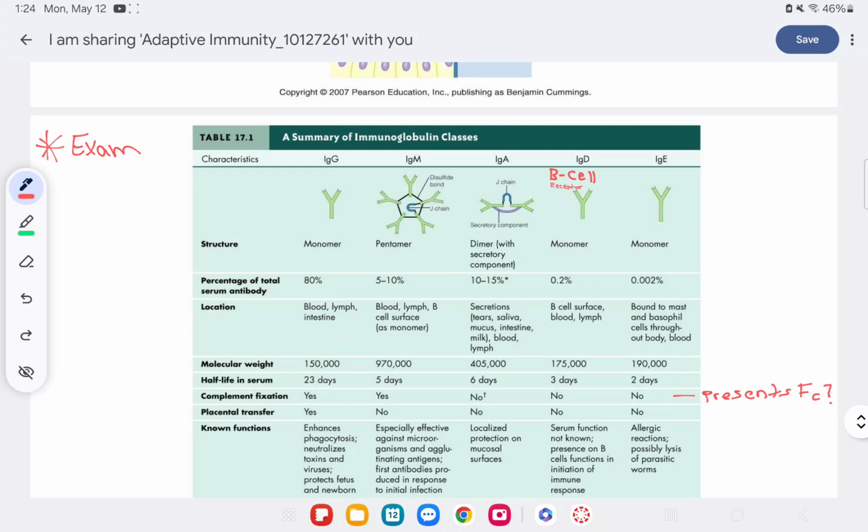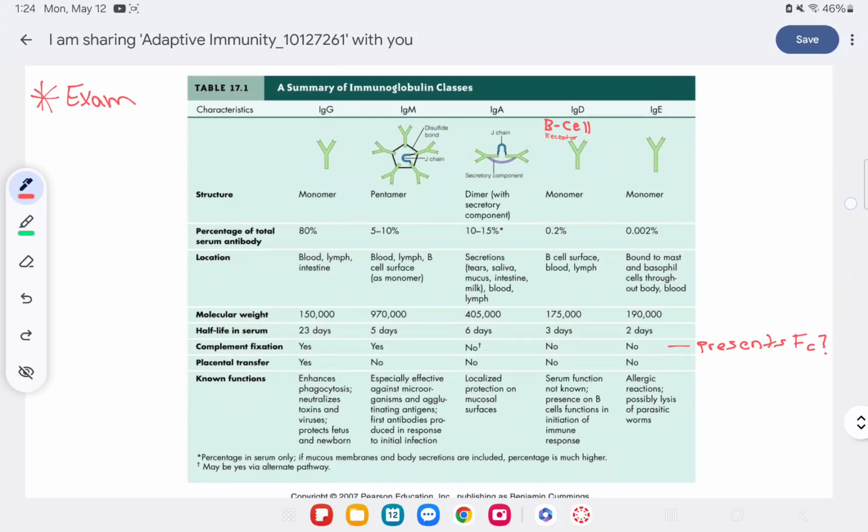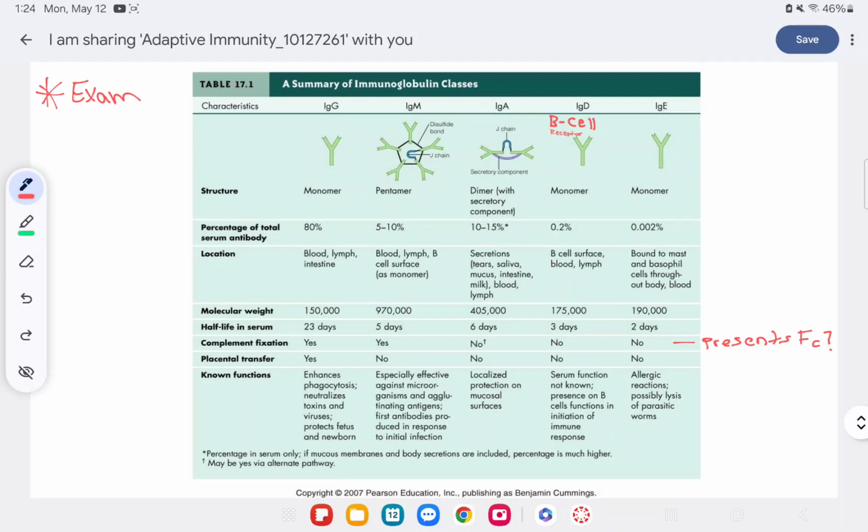All of mother's antibodies that she has ever produced, when she got sick with the mumps at age 7, and the cold she caught last week, all of this is being passed through the placenta to the baby, all of it. It's also in mother's milk. But the very first antibody made is actually an IgM.